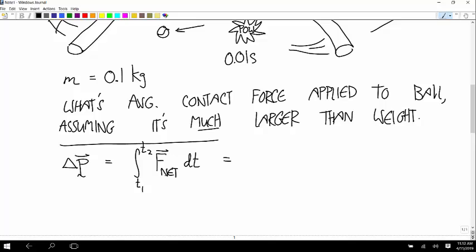But we're just going to assume that it's constant the whole time with a value of F average. And then this is just equal to the average force times T2 minus T1. And this is just the elapsed time.